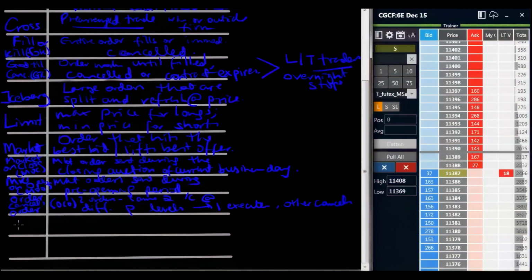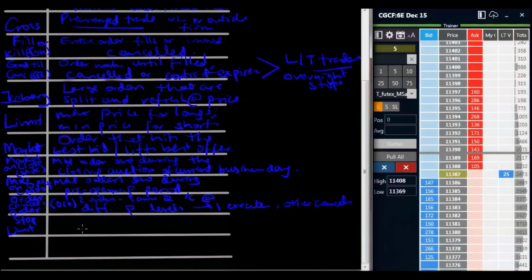Then we've got, just before the last one, our stop limit. So basically, that's an order that triggers when the market has reached or penetrated a specific price in the market. Stop triggers are typically set worse than the current market, and once they're triggered, a limit order is entered in the market.